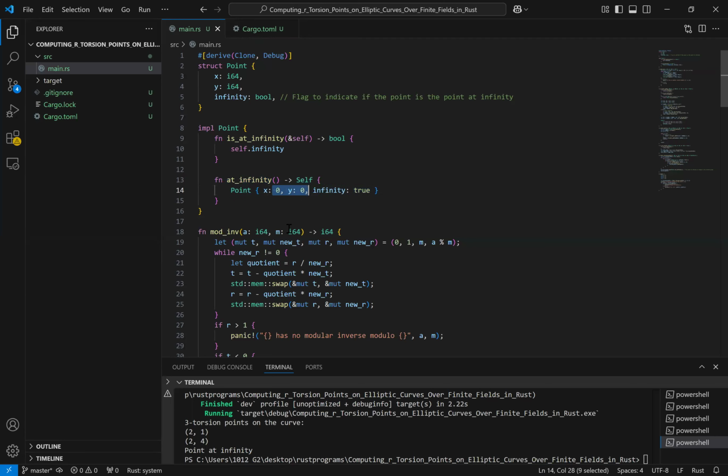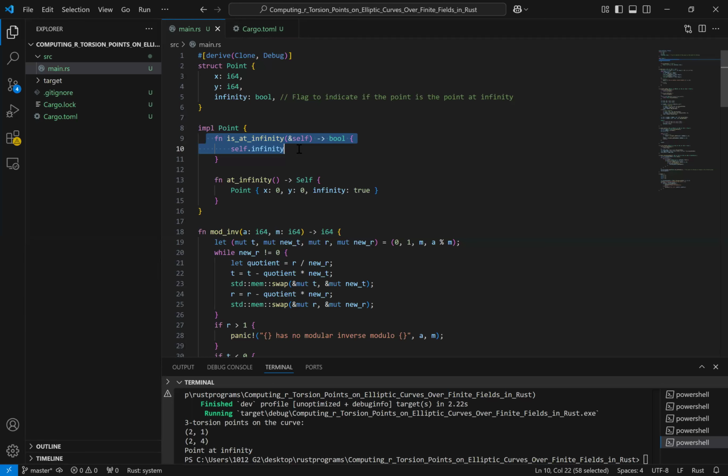I've just defined infinity as (0, 0), call it infinity. So if I multiply 3 by a number and it gives me (0, 0), then that is at infinity.